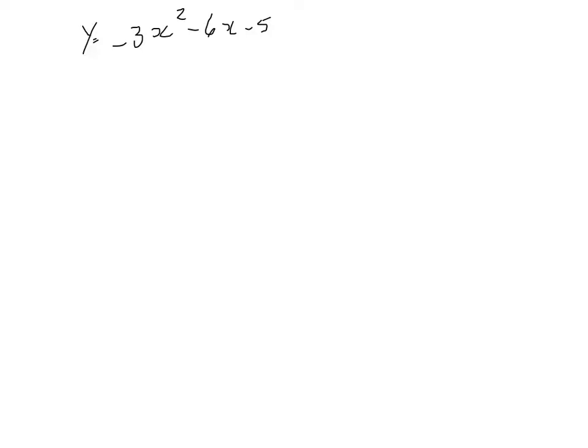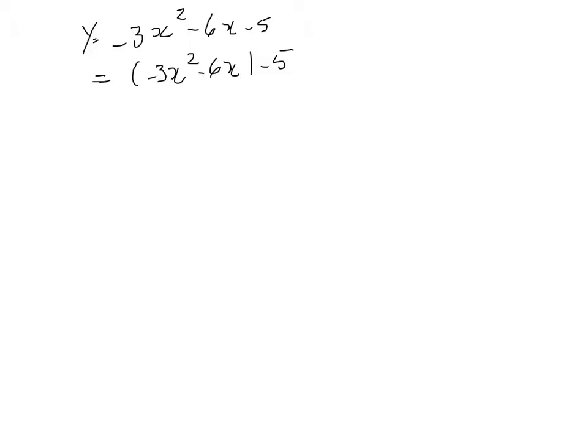Completing the square has a couple of steps that have to be followed. First, you always group the x terms together. That's the first step. So I'm going to write this as open bracket negative 3x squared minus 6x, close bracket, minus 5.